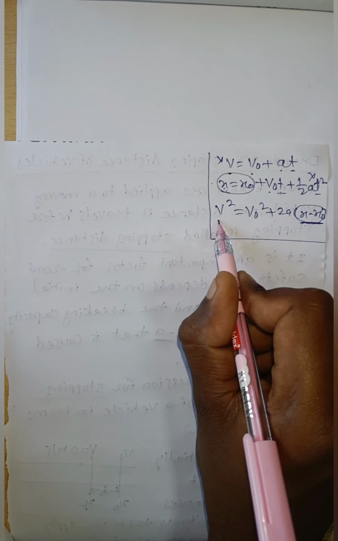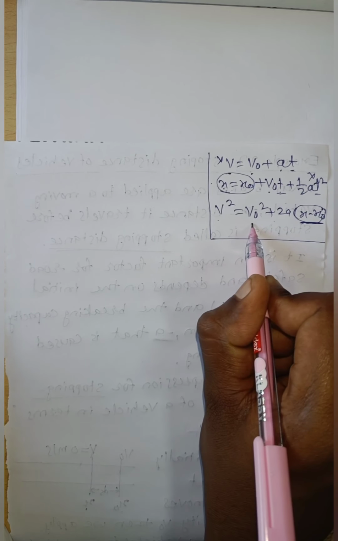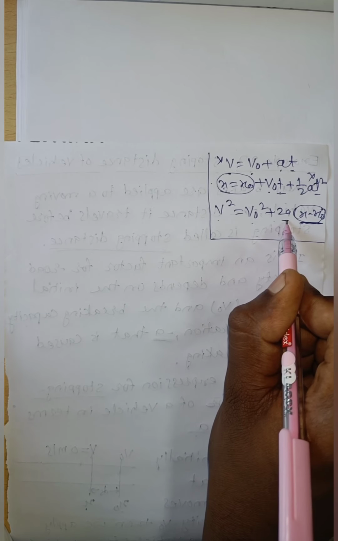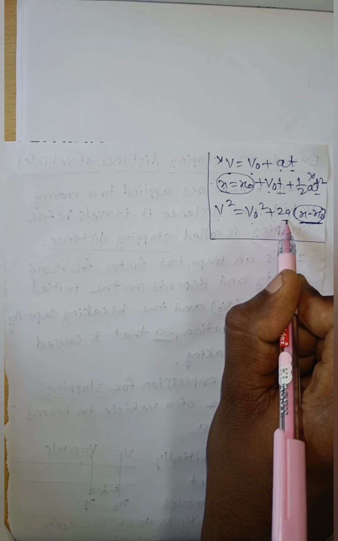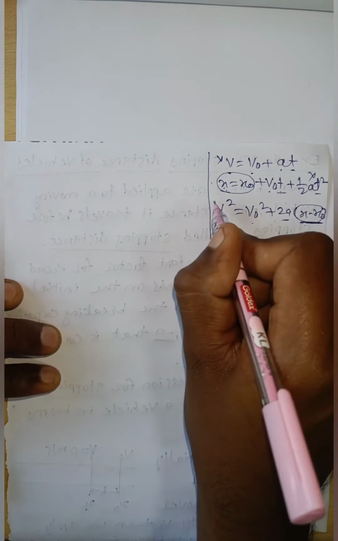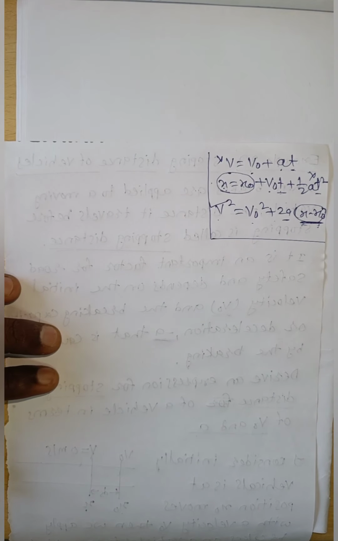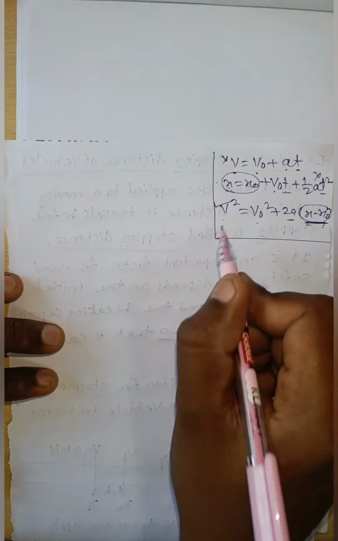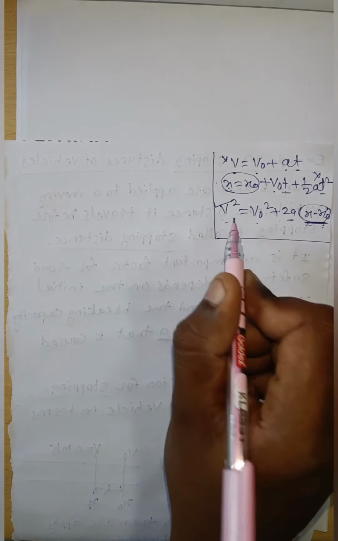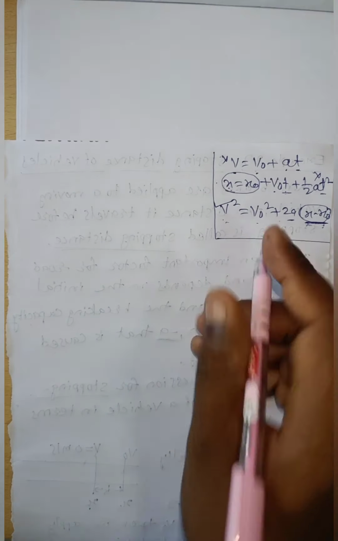But in the third, we know the initial velocity, the final velocity and the acceleration. Therefore equation 3 can be used to determine the stopping distance.